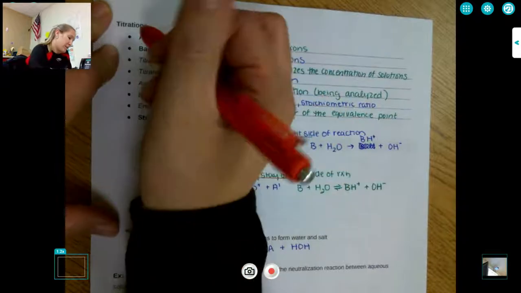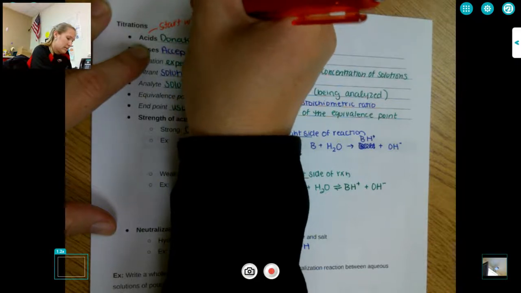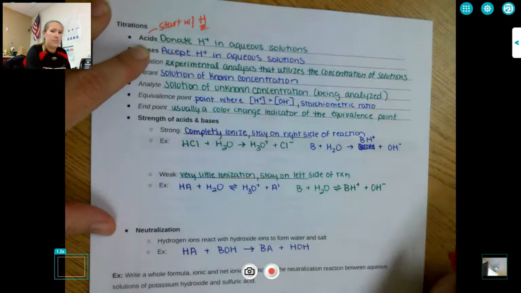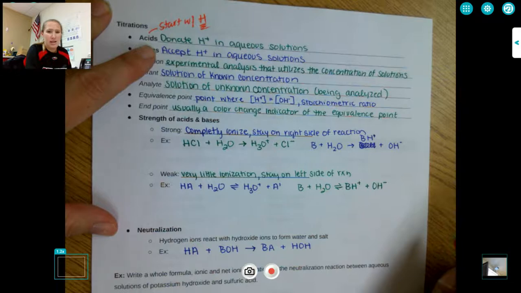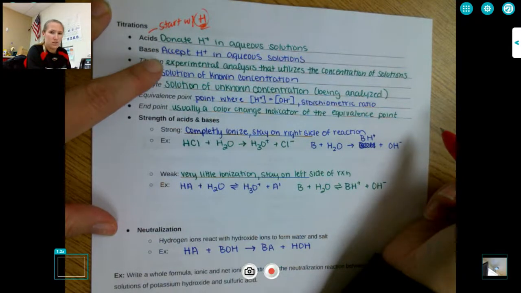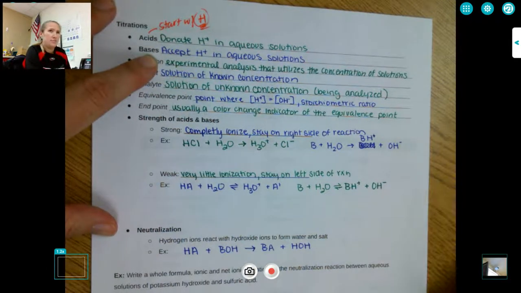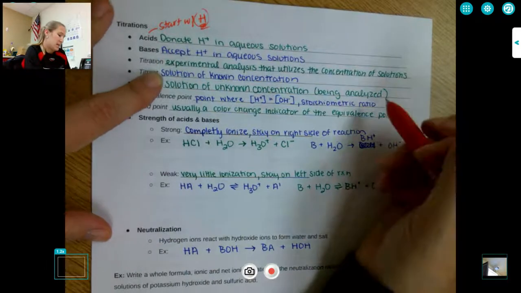So a refresher, acids, remember they start with hydrogen, right? And they're going to donate hydrogen ions. This hydrogen ion is going to get donated in aqueous solutions, which means bases are the opposite. They're going to accept that hydrogen ion, and once they accept it, then they react.